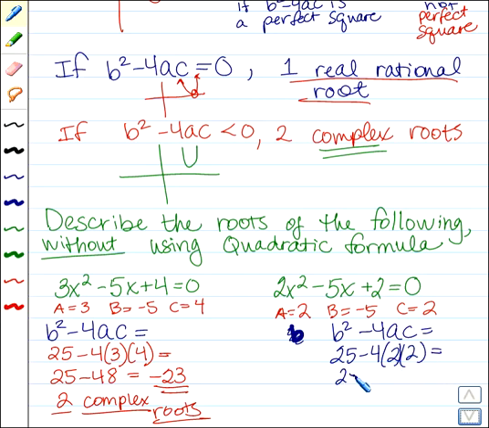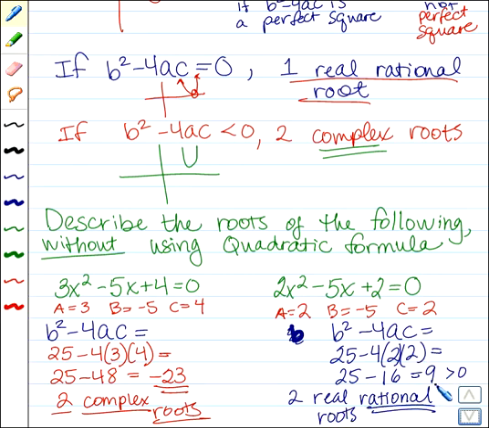So 4 times 2 times 2 is 16, right? 25 minus 16 is 9. So that's greater than 0, so we know there are two real roots. And it's a perfect square. So we know it's two real rational roots. If it wasn't a perfect square, they'd be irrational.